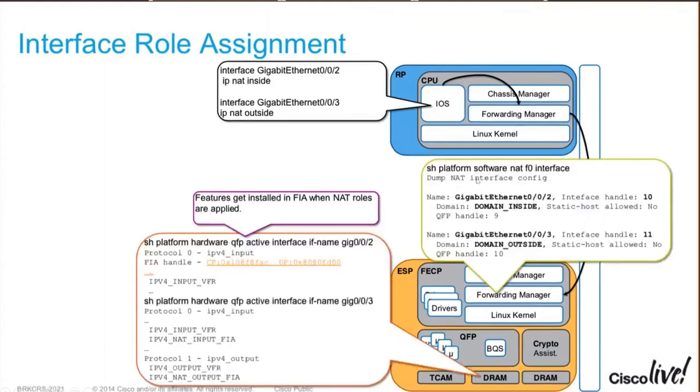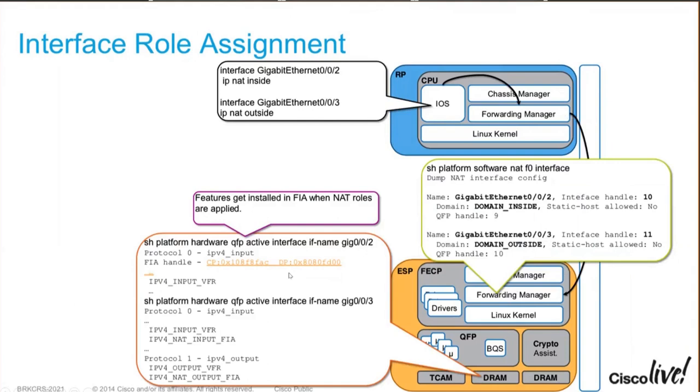These are the objects: domain name, domain inside and domain outside. Domain inside is for 002 and domain outside is for 003. These objects are created by the forwarding manager of RP and sent over to the forwarding manager of FP. Here these two objects are added into the feature invocation array of those two particular interfaces.